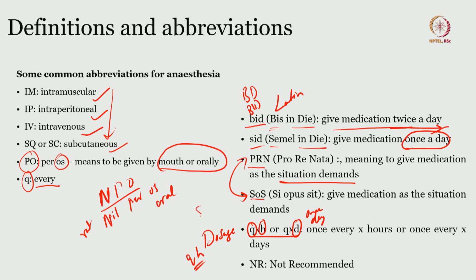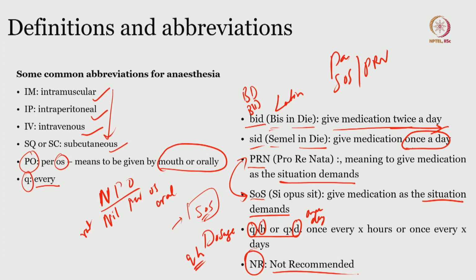It is not the SOS of sailors, which is very different, alright. Save our souls, that is another emergency beacon that comes in various different situations, whereas in medical terminology SOS is si opus sit, which is giving medication as the situation demands. When they say you take this painkiller on SOS or PRN basis, this is what it means, as and when the situation demands. NR simply means not recommended, alright.